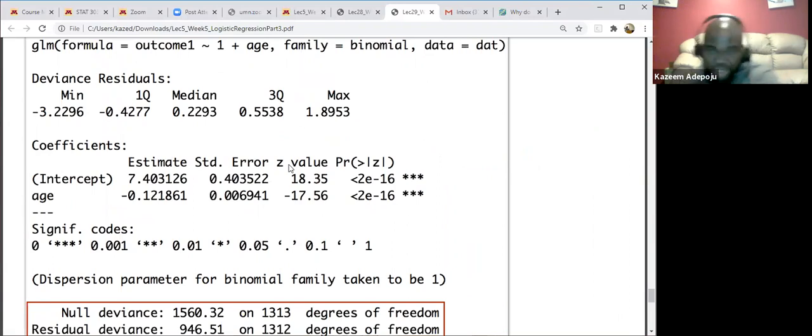If you have heard about a Z test and a T test, this is more or less like a Z test. Under logistic regression, testing the significance of the parameter is going to be a Z test and not a T test. We have a T distribution and we have a normal distribution, and we have a T test and we have a Z test. Have I answered your question now?